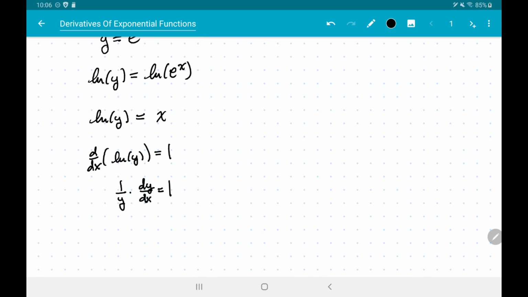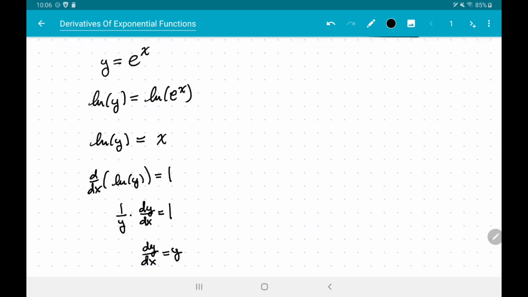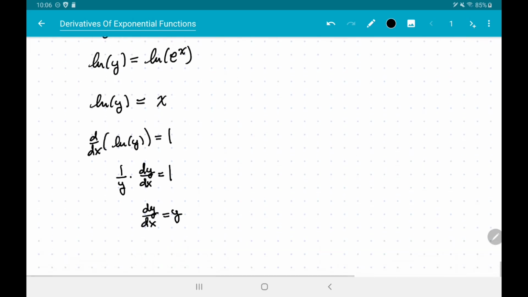So what I've just done there is the logarithm rule and the chain rule combined. Now I can multiply by the y and get dy over dx equals y. And what you are seeing is that dy over dx is e to the x.